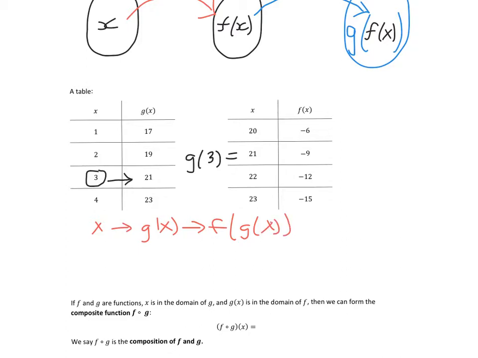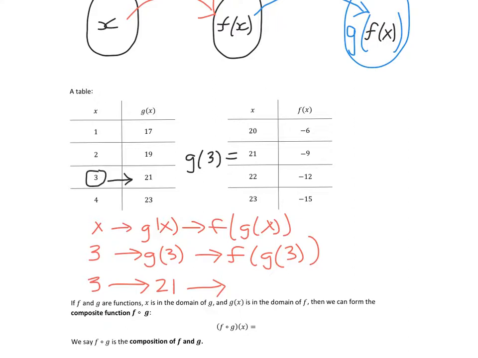And so in this case, that looked like 3, and then we looked at g of 3, and then we looked at f of g of 3. All right, and then all with numbers, if you look at our table, we went 3, g of 3 is 21, and then we took 21, f of 21 is -9.